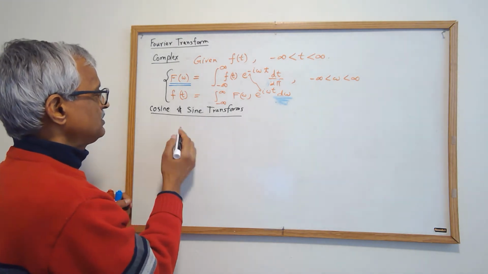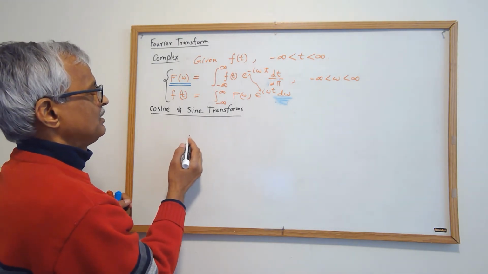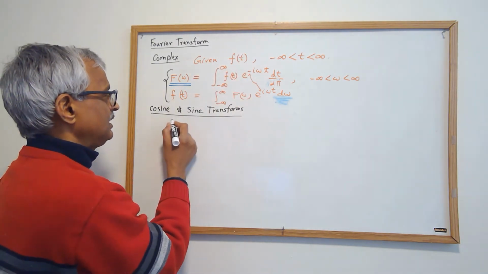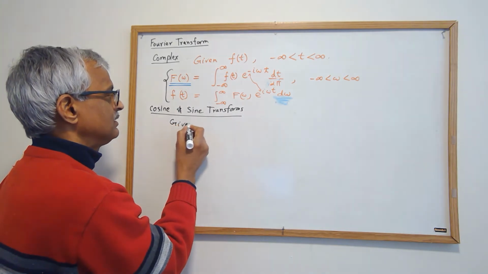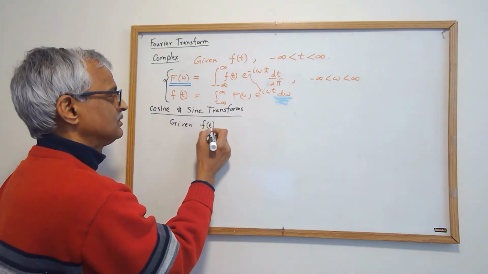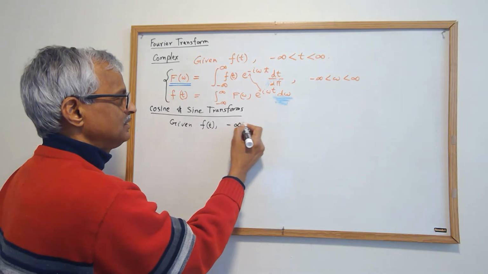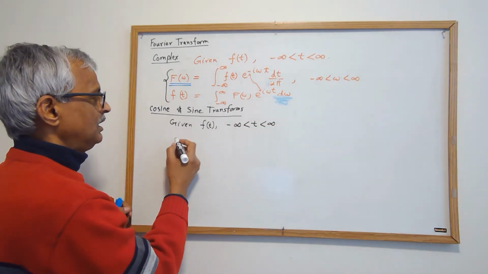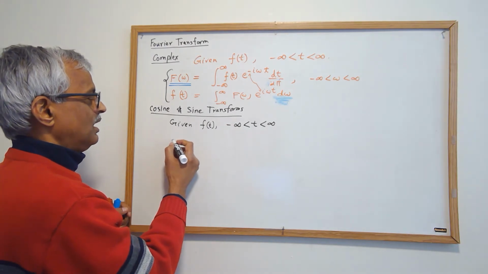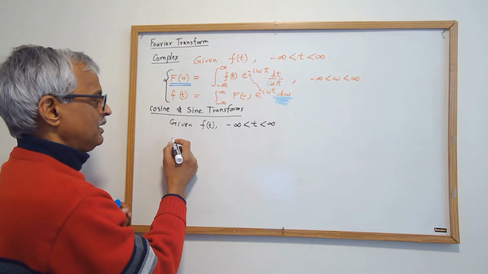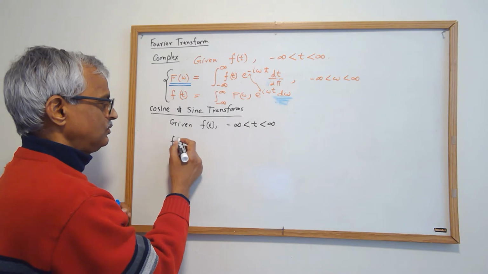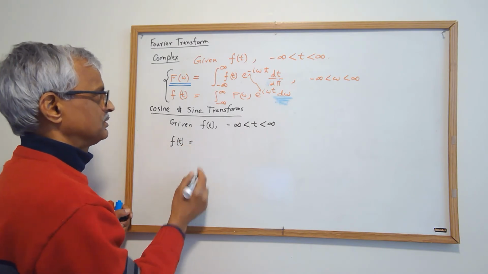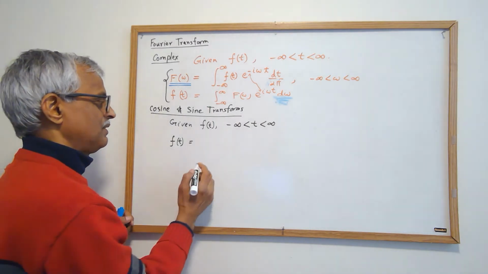Okay, so there was a cosine and sine transform. Well, I'm given the same f(t), and t is between minus infinity to infinity, and I want to know how to express this into sine and cosine transforms. So I'm going to write the second one first.